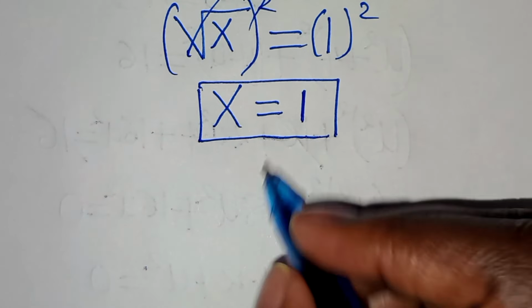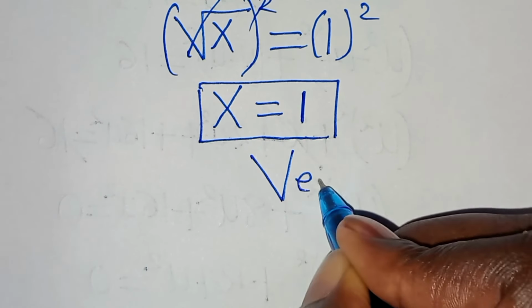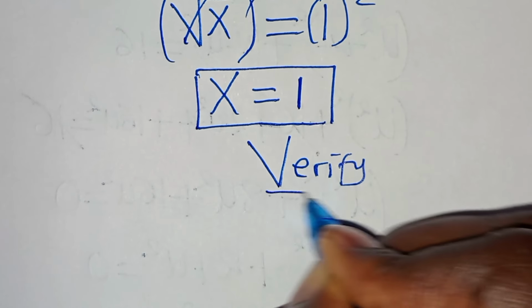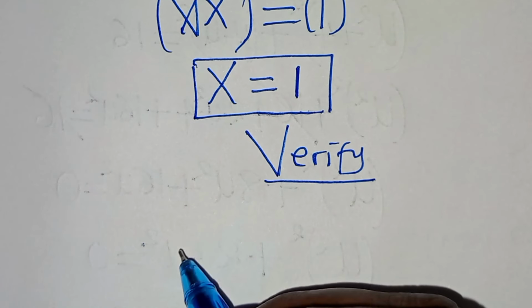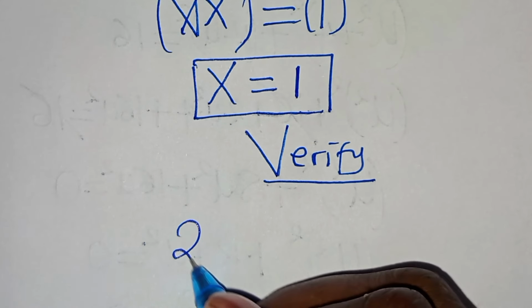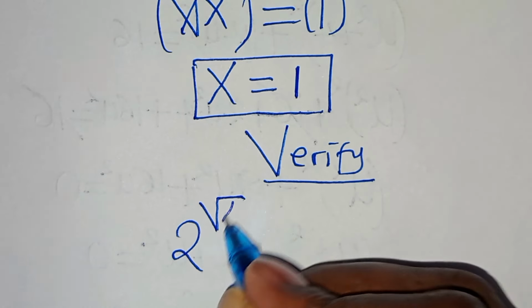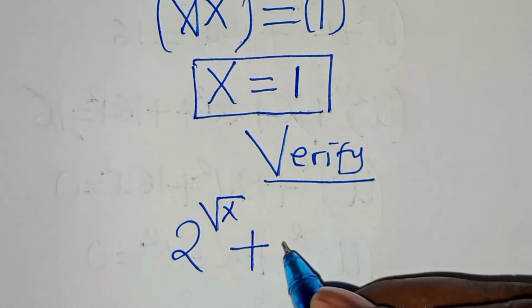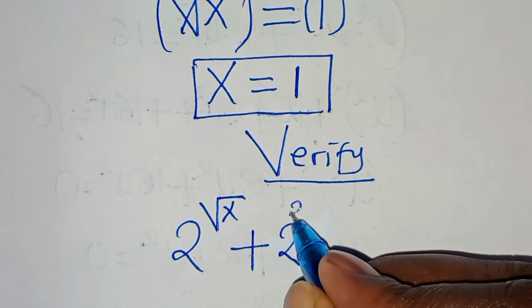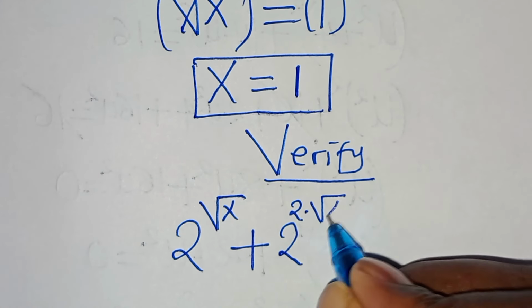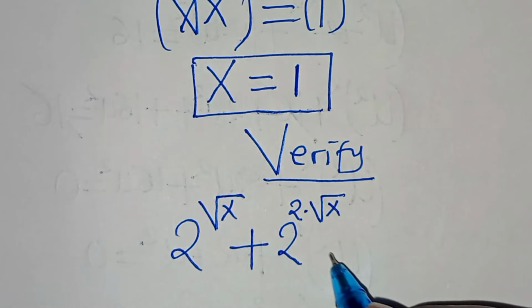So the next step is to verify that this value of x satisfies the equation. If you recall, we have 2 to the power of square root of x plus 2 to the power of 2 multiplied by square root of x, then plus 2 to the power of 3 multiplied by square root of x.